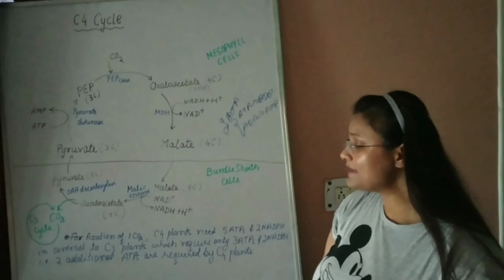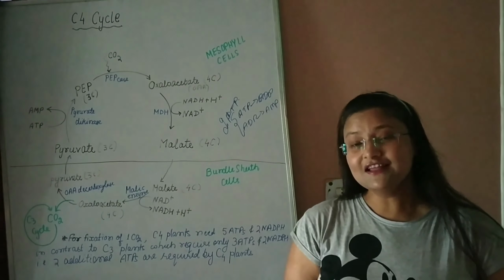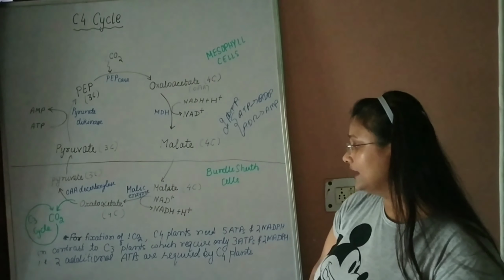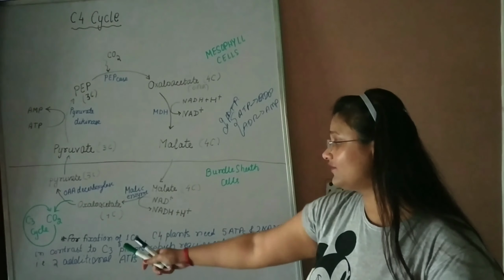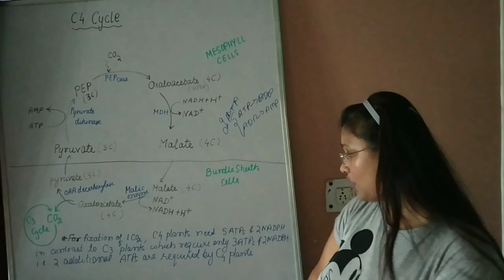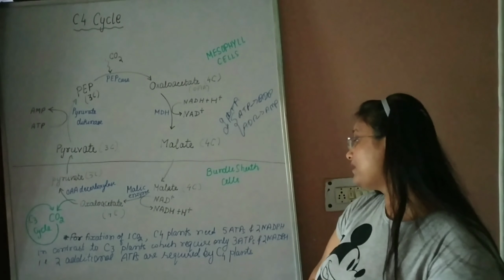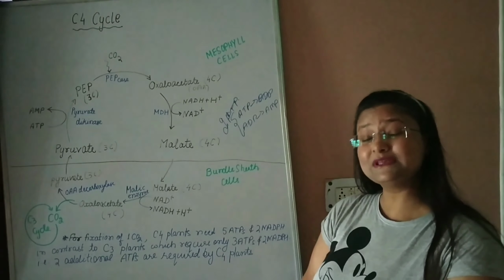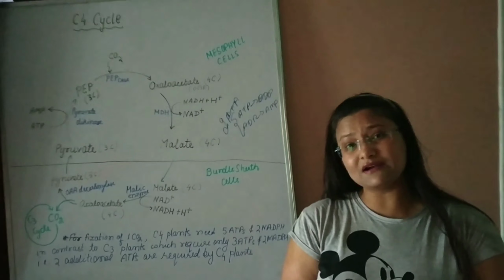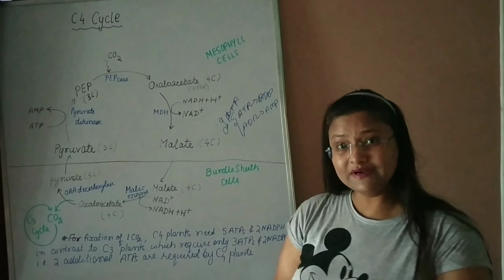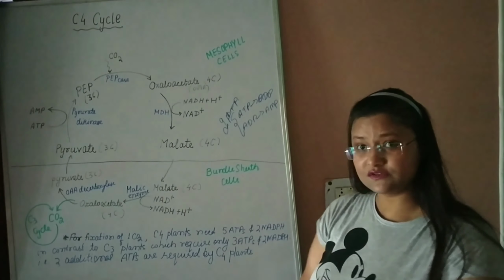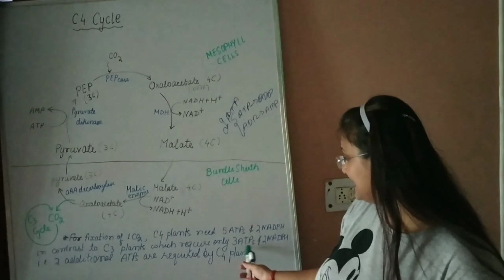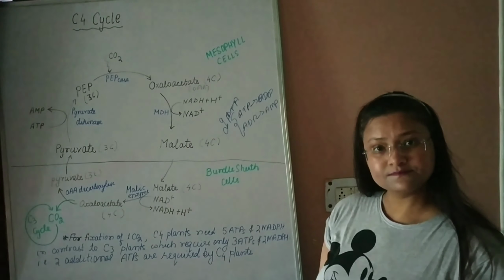So now if we compare the C4 cycle with the C3 cycle, we will get to know that for fixation of 1 carbon dioxide molecule, let us first recall how many ATPs and NADPH C3 plants required. We did it earlier. If you haven't still watched the videos, you may watch them. So C3 plants require 3 ATPs and 2 NADPH.